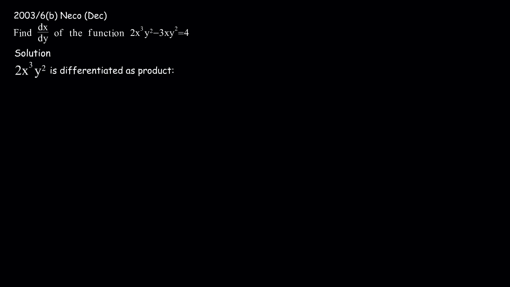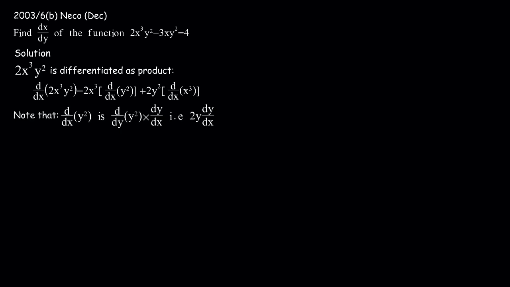Product. So d over ds of 2s cubed y square will be equal to 2s cubed, then differentiating the y component, d over ds of y square, plus y square, then d over ds of s cubed. Note that d over ds of y square is d over dy of y square times dy over ds, which is 2y dy over ds.